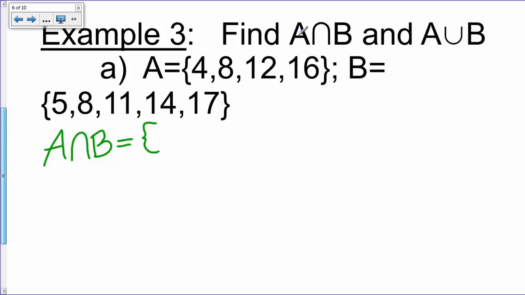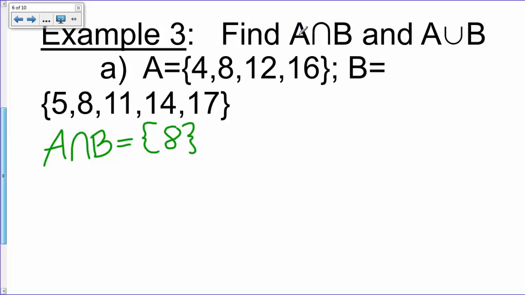Whenever we're talking about the intersection, we're looking for numbers that are in both. So in A we have 4, 8, 12, and 16. In B, we have 5, 8, 11, 14, and 17. So the elements that are in both is just 8 in this case. So we write 8.